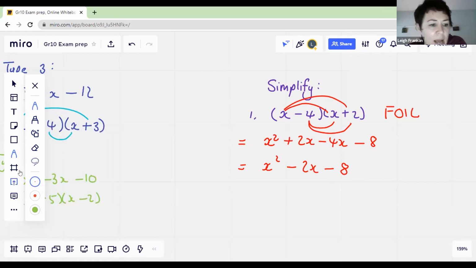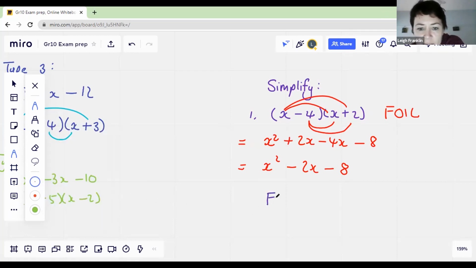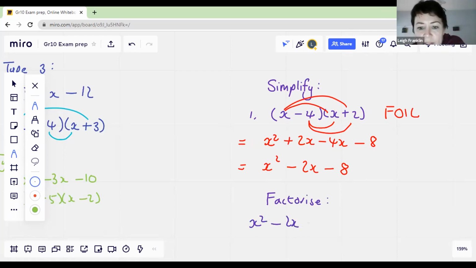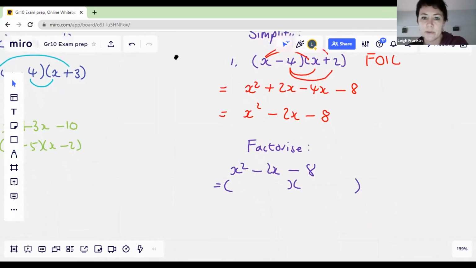Okay, so now when I say to you, factorize, I'm starting with x squared minus 2x minus 8, and I am putting in the brackets. So now we have to think of two numbers.